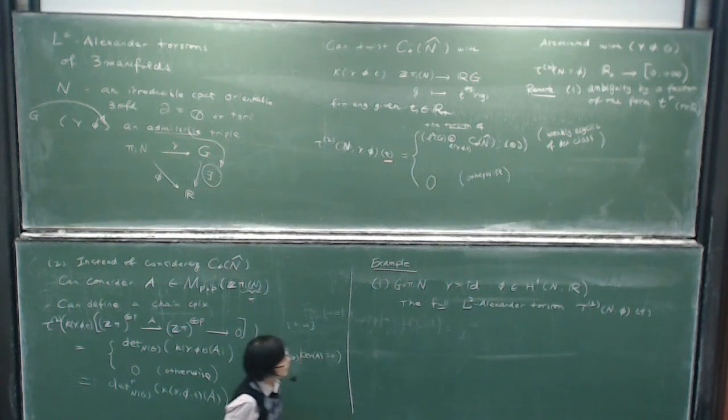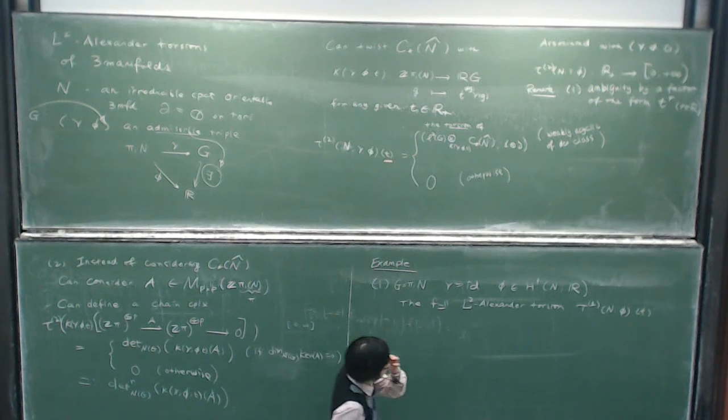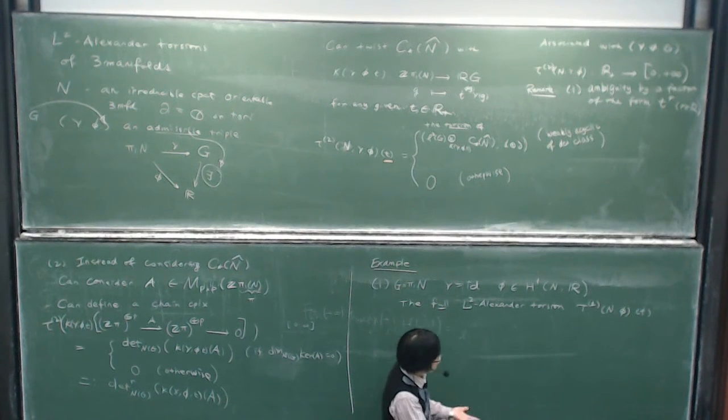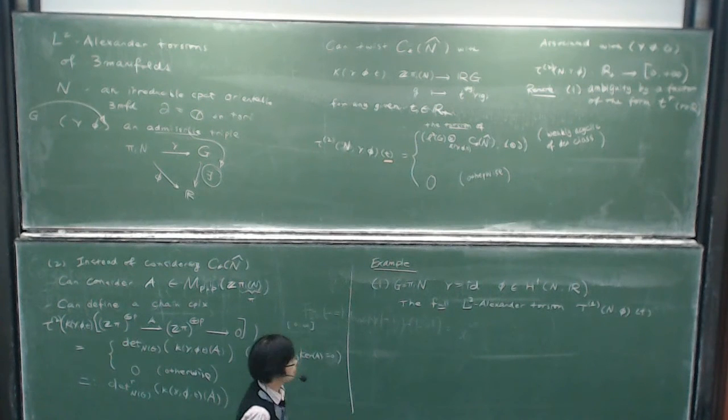And Stephen has listed a couple of nice properties for this function. For example, its value at 1 will give you the exponential of the volume of N divided by 6 pi, that is known.